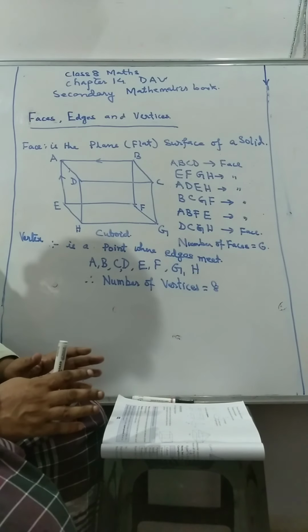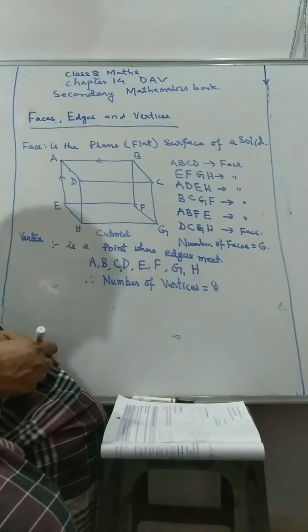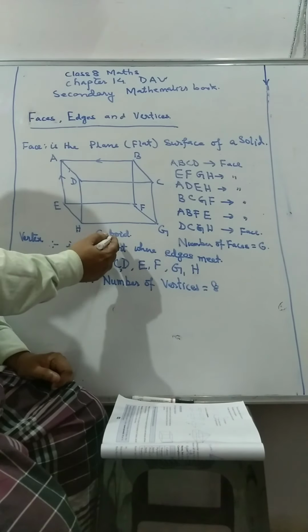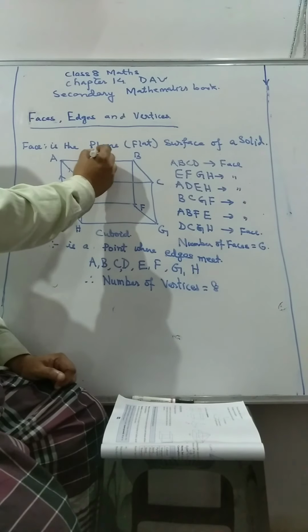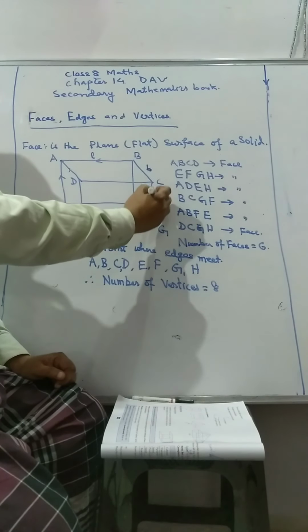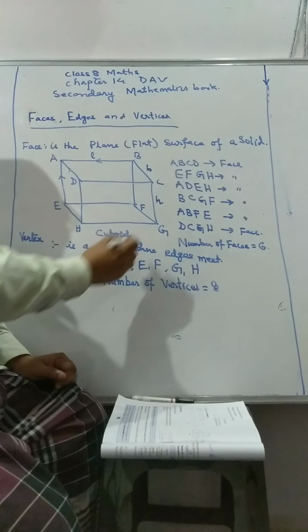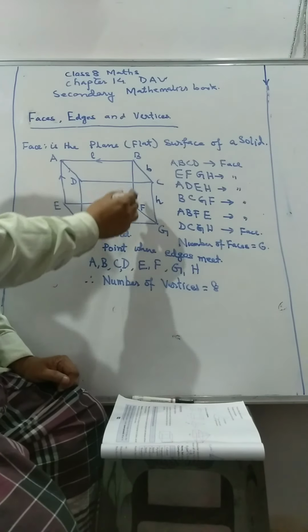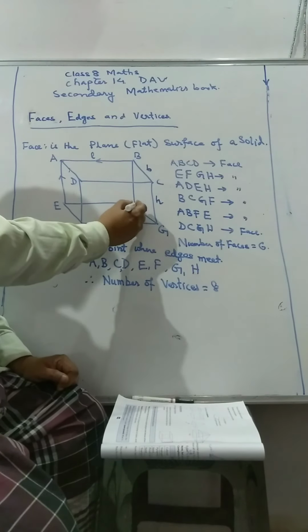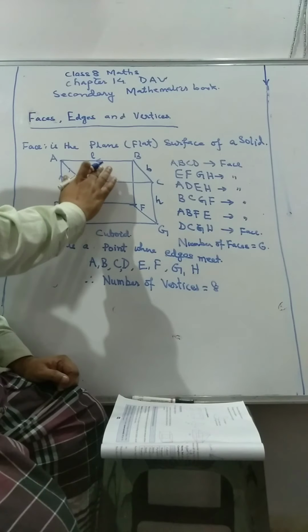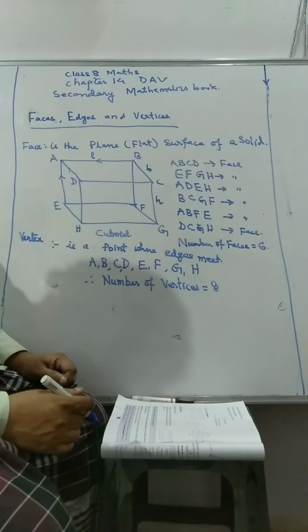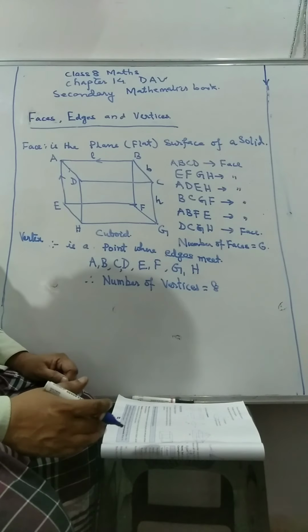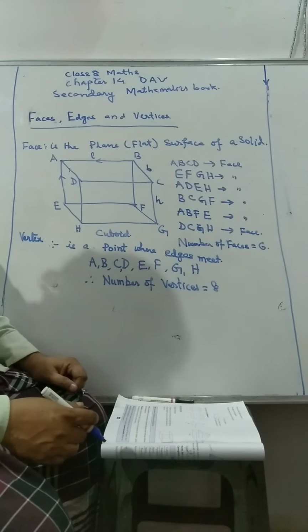Here I have drawn a cuboid, in which this is the length, this is the breadth and this is the height. We know that in a cuboid each face is a rectangle.